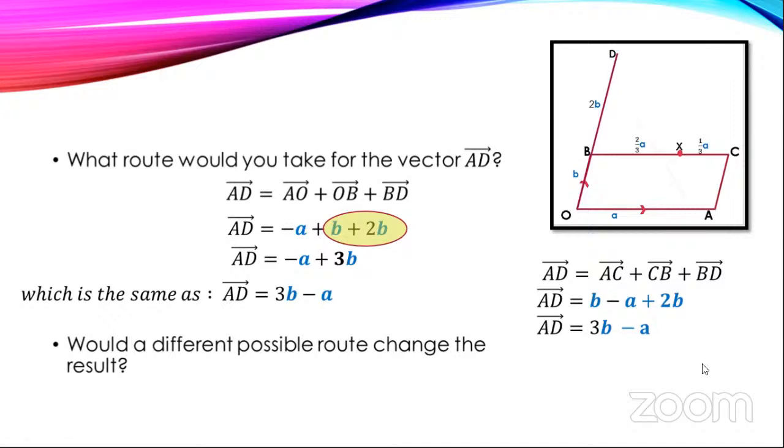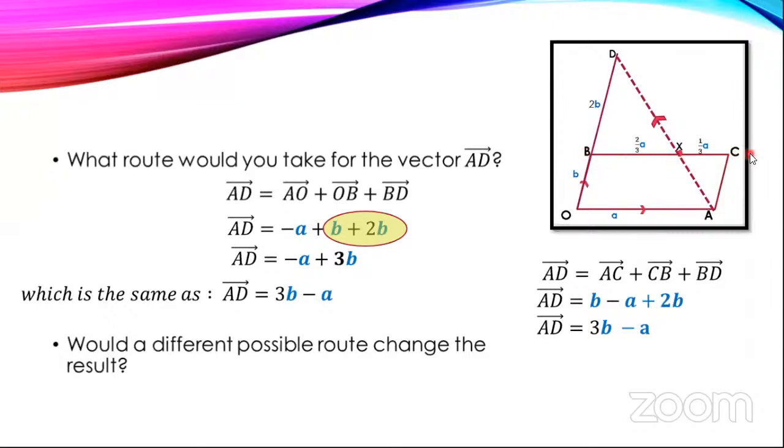So earlier, I believe Mrs. Johnsborough shared that someone said that we could have gone the route AC. Let me put on my spotlight. So we could have moved from A to C, which we know is B because it's parallel to OB. Then we would have moved from C to B, which is in the opposite direction.